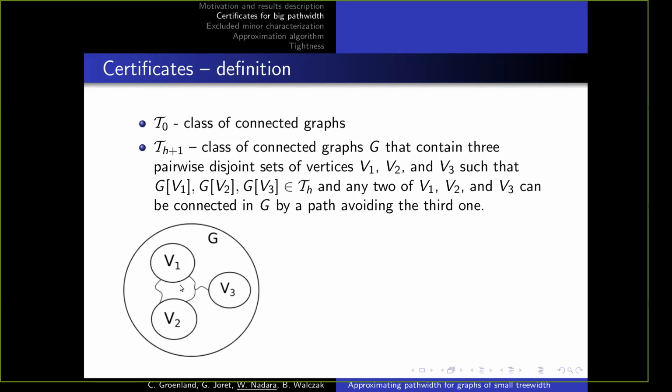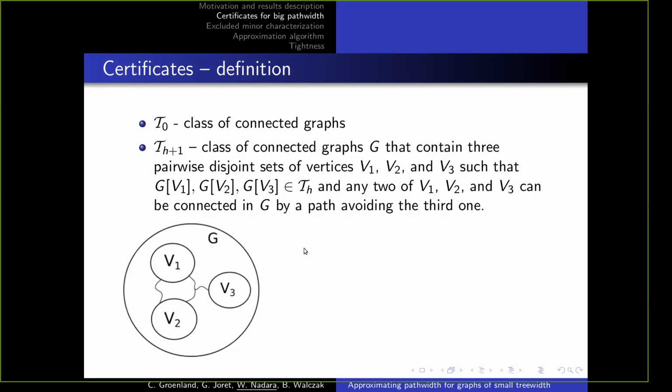This is an example, and these paths do not need to be disjoint from each other. They can intersect each other, but what we care about is that they avoid the third vertex set.